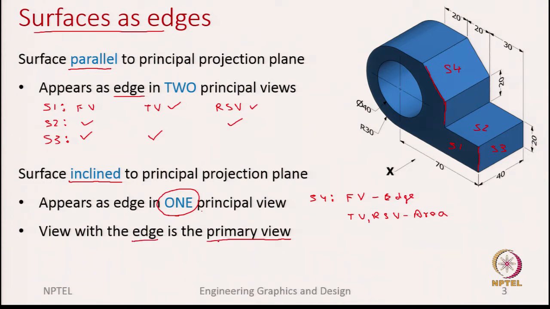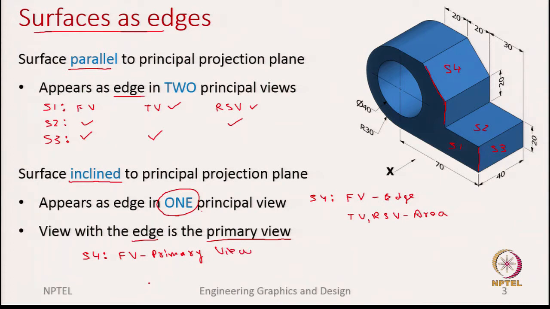The reason why we are focusing on this primary view is because we will open all other views onto this plane. So, in this example let us say for surface S4, we said that the primary view is the front view, okay.